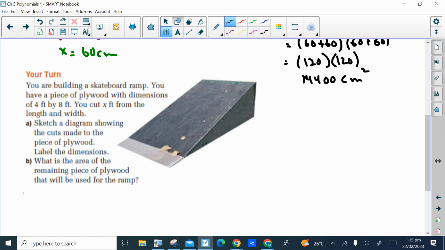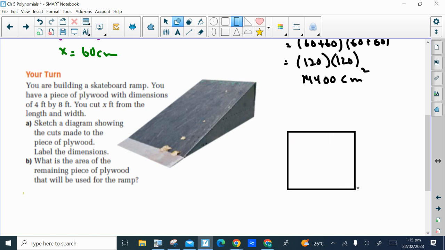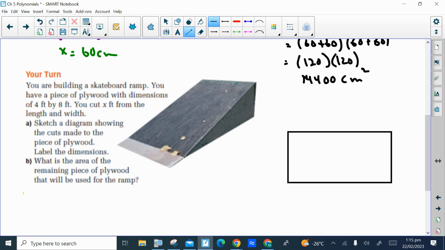So here's what this looks like. So we have a 4 by 8 sheet of plywood. And x feet is being cut from the length and the width. So that's what this is showing.